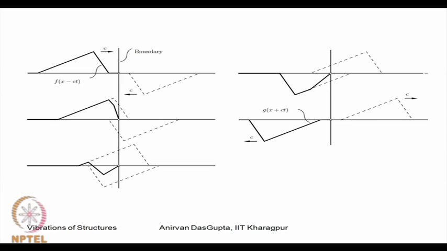Here I have shown some snapshots of this reflection phenomenon at a fixed boundary. So, this is the incident wave and this is an imaginary wave which is propagating towards the left. Now, the superposition of these two waves. This solid line shows the actual configuration of the string. As time progresses, you finally have the reflected wave which is travelling in the negative x direction.